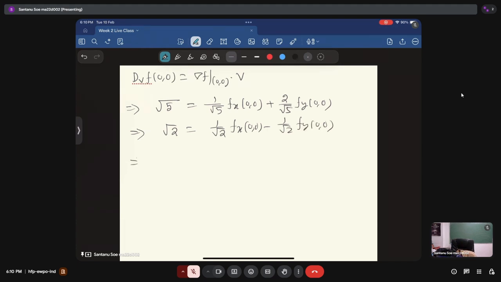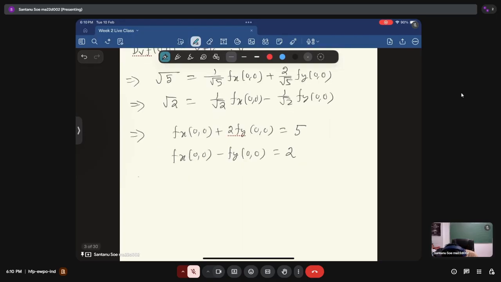Now this will imply fx(0,0) plus 2 fy(0,0) is 5 and fx(0,0) minus fy(0,0) is 2. So now we can take the difference: it will be positive, and this will be negative.